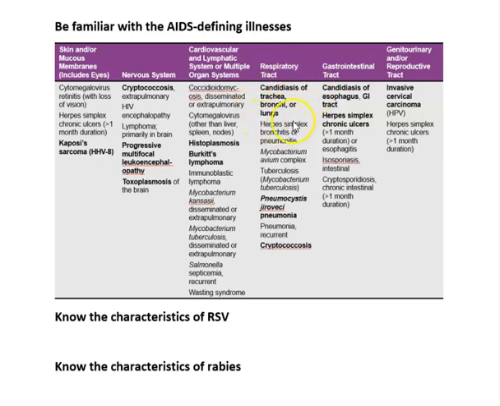These are unusual places to get yeast infections. Histoplasmosis is an AIDS-defining illness. Candidiasis of the esophagus or the GI tract. Again, unusual place to have yeast infections. Herpes simplex chronic ulcers and invasive cervical carcinoma are other examples of AIDS-defining illnesses. So be familiar with these.